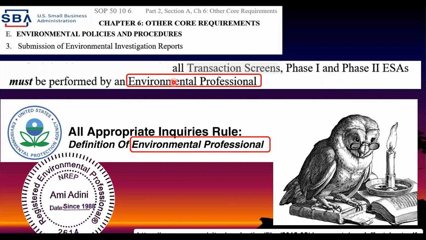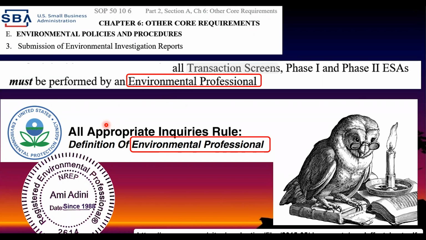And who or what is an environmental professional? This is what the EPA has defined. They have a whole chapter on it in the regulations, which tells us what an environmental professional is made of.